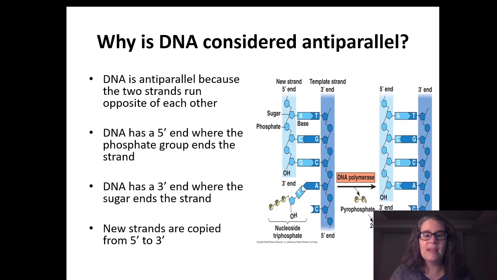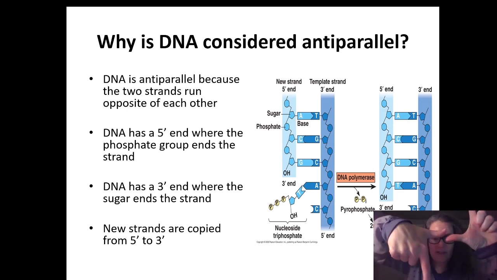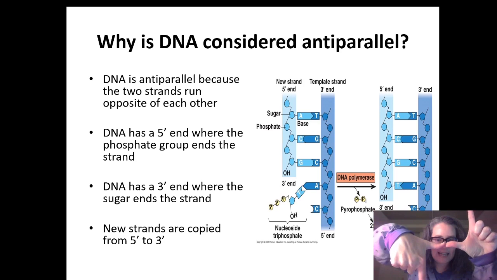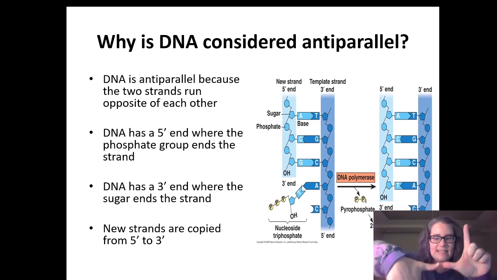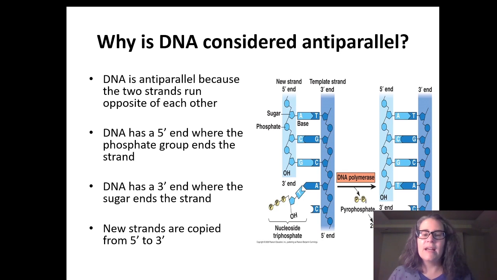The last thing I want to mention about DNA is that we say that DNA is antiparallel. It is antiparallel because the two strands run opposite of each other in terms of chemistry. It's almost like you have one letter L and then the next one attached to it is upside down, and then that repeats over.